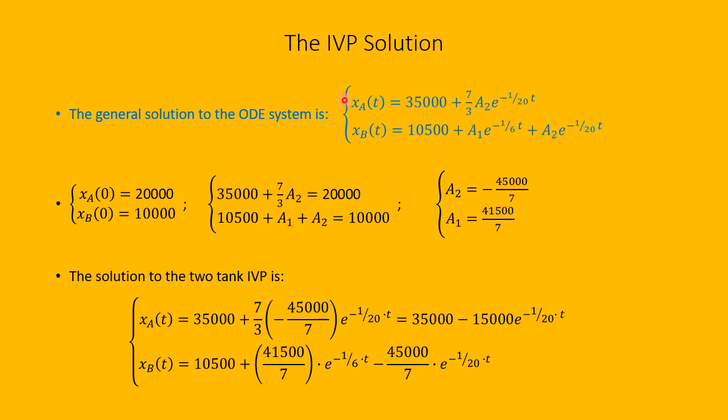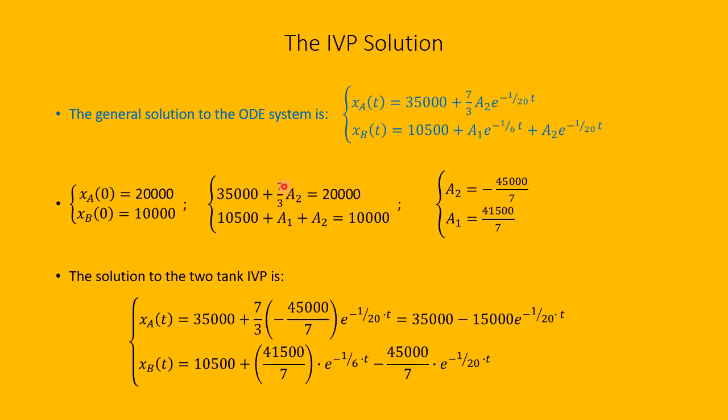We get from this equation that 35,000 plus 7/3 a2 has to be 20,000. And substituting 0 in for this one, we get 10,500 plus a1 plus a2 equals 10,000.